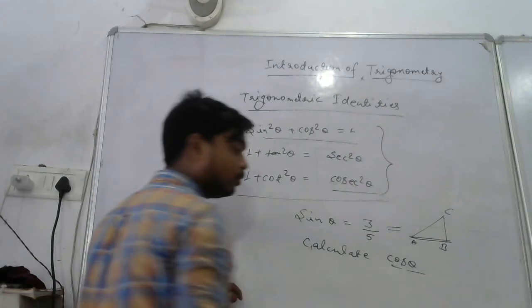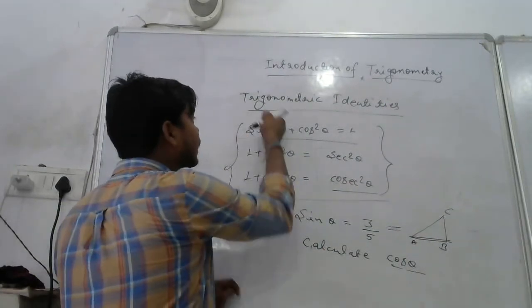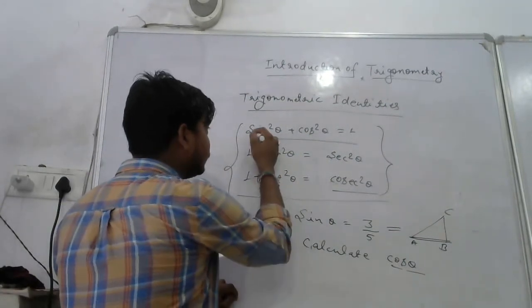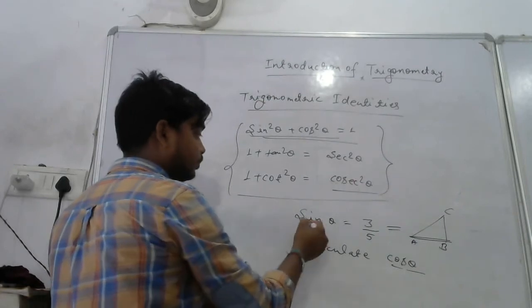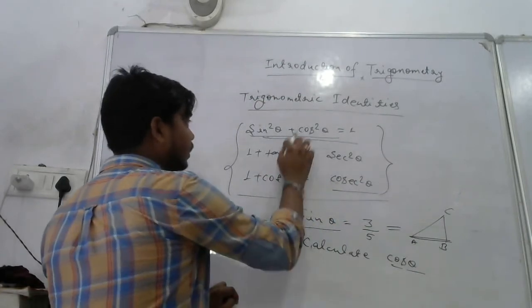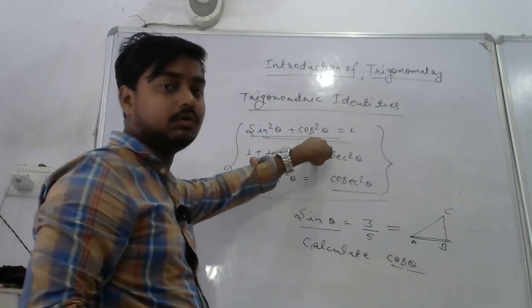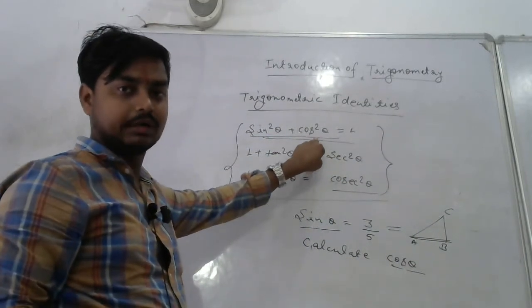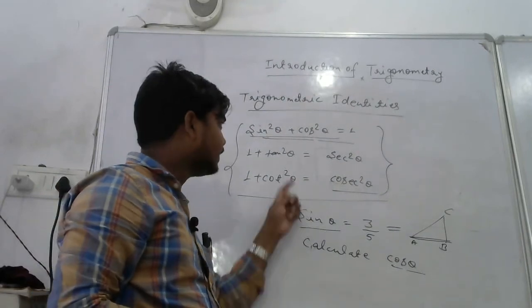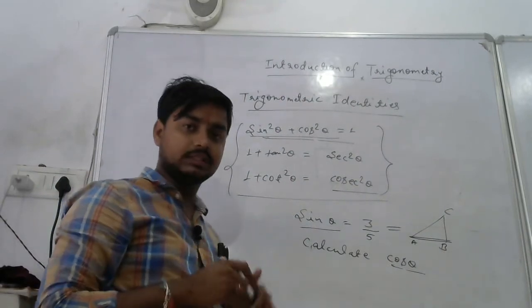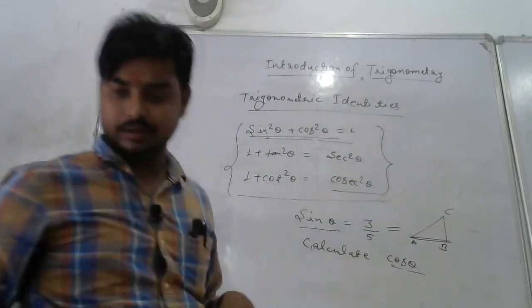But one more method is using the identities: put the value of sin theta in the first identity, go to the RHS, and we can easily calculate cos theta. These are the applications we will discuss in the exercise.